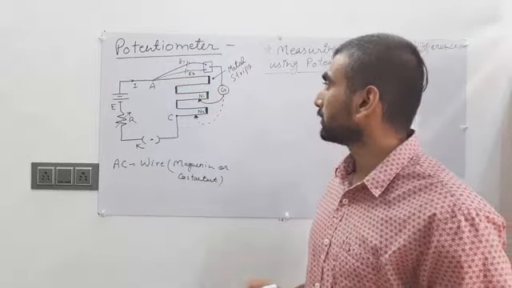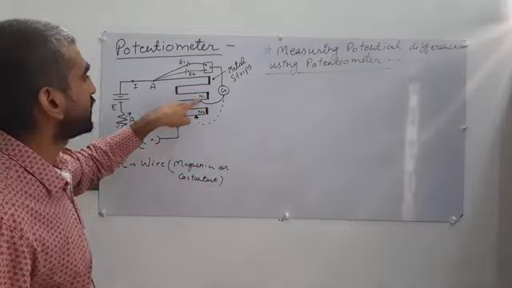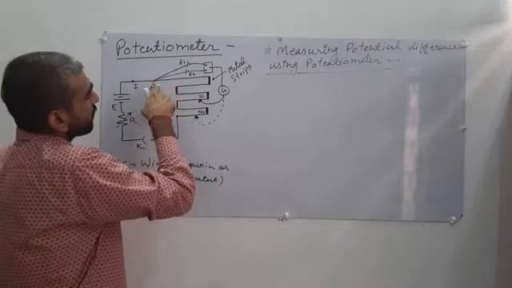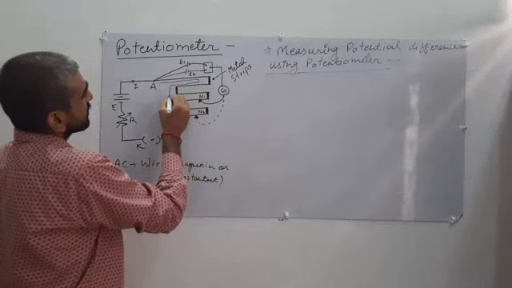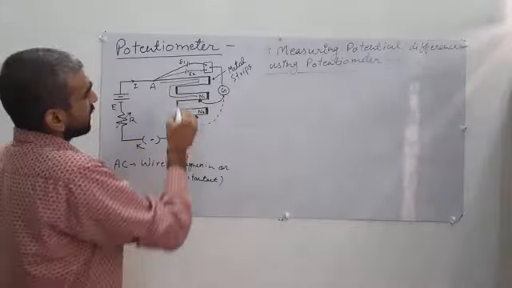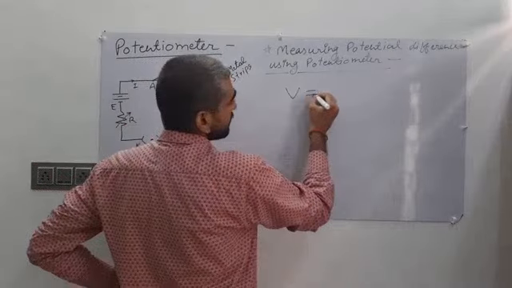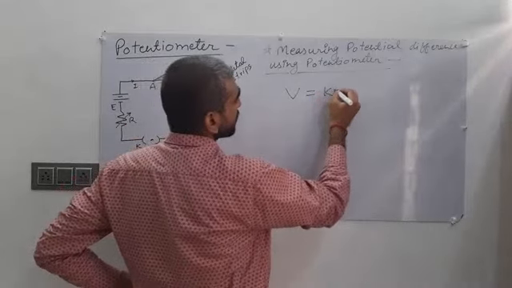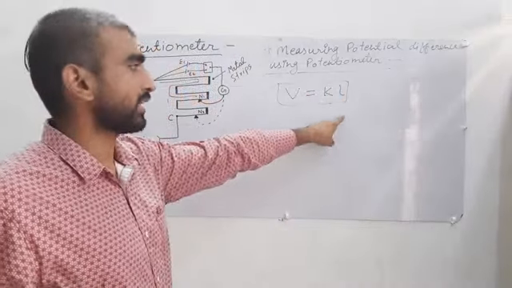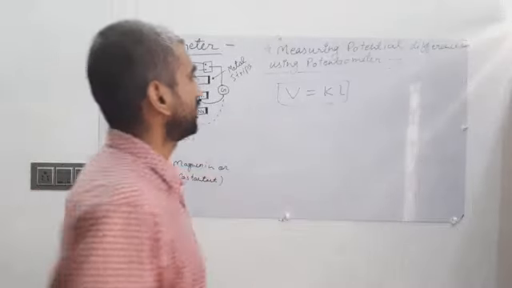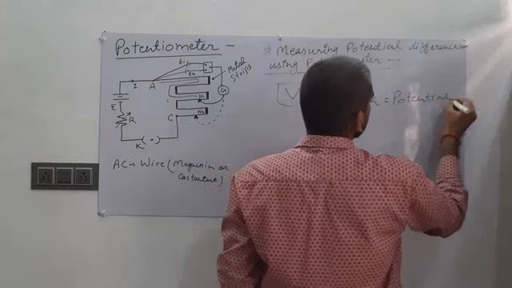That means if we connect our galvanometer at a point N1, and the length of the wire from A to N1 is L, then the potential difference is directly proportional to K into L, where K is the potential gradient.